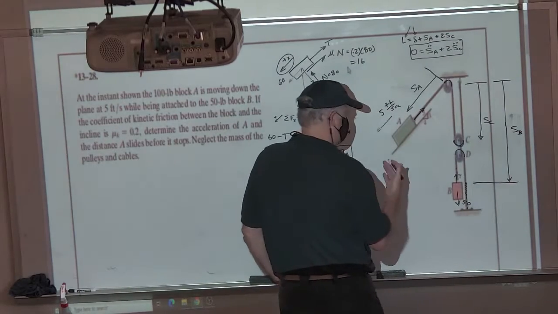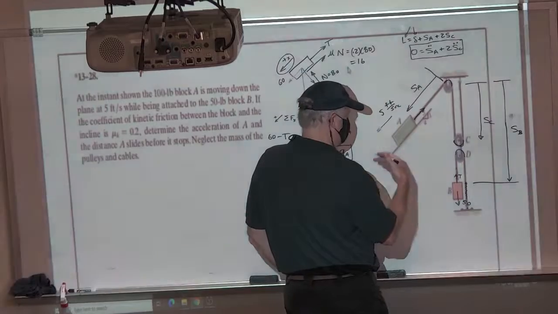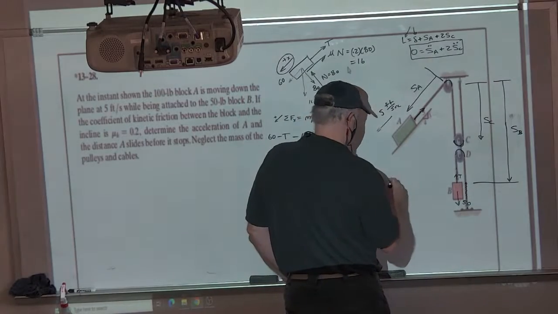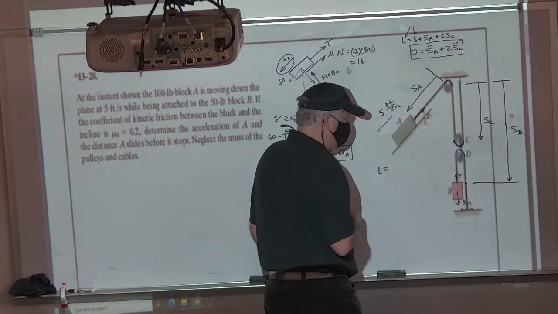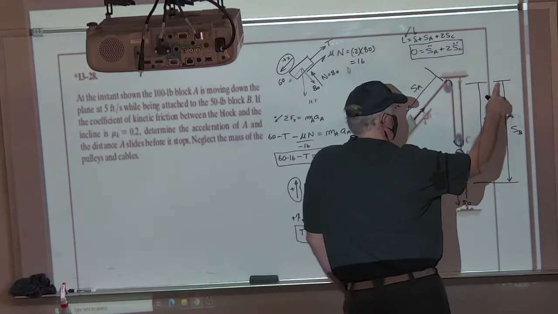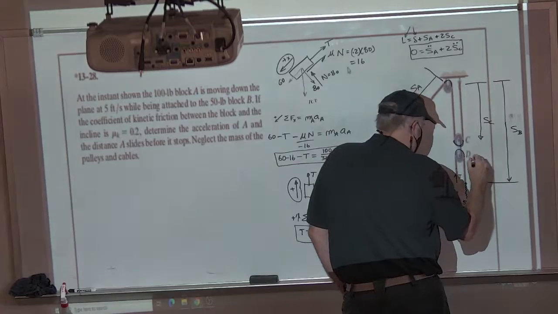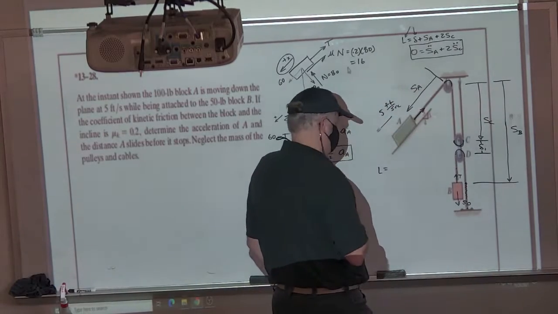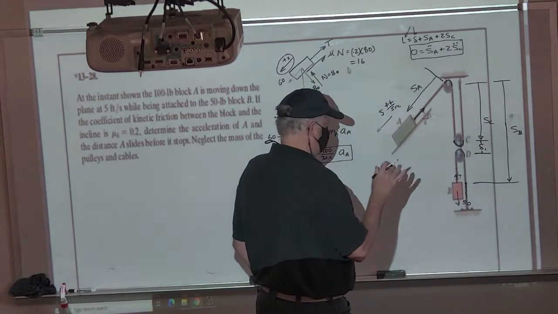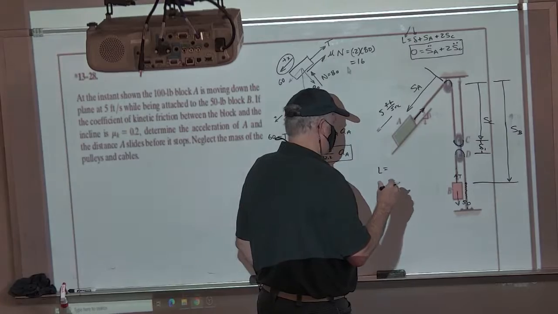Now, I'll look at the rope in that context, the rope length in that context. Okay, so the rope length in this context is that distance. Now I'm going to have some, I'll call it delta 1 right there, fixed delta 1. And I'll have to include it in this list.